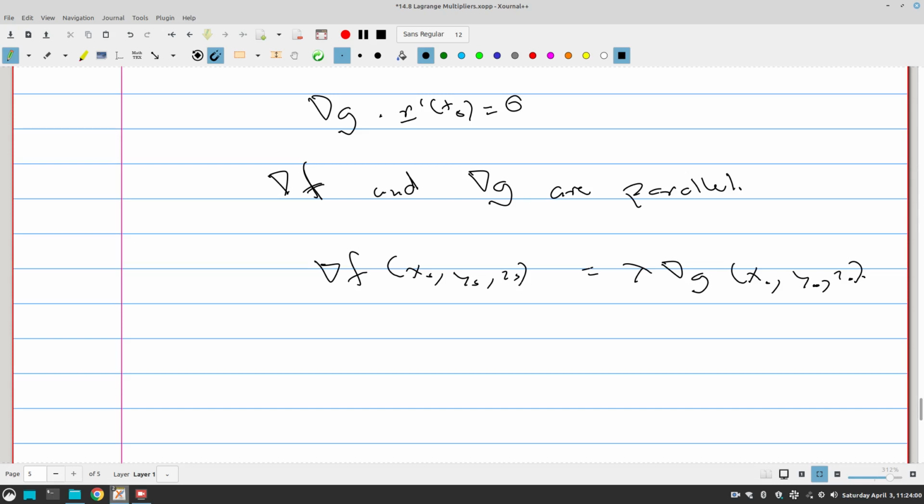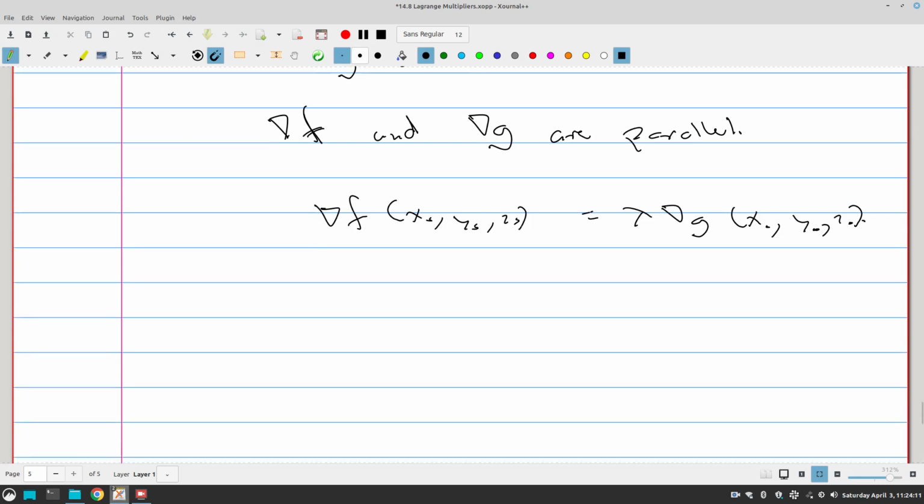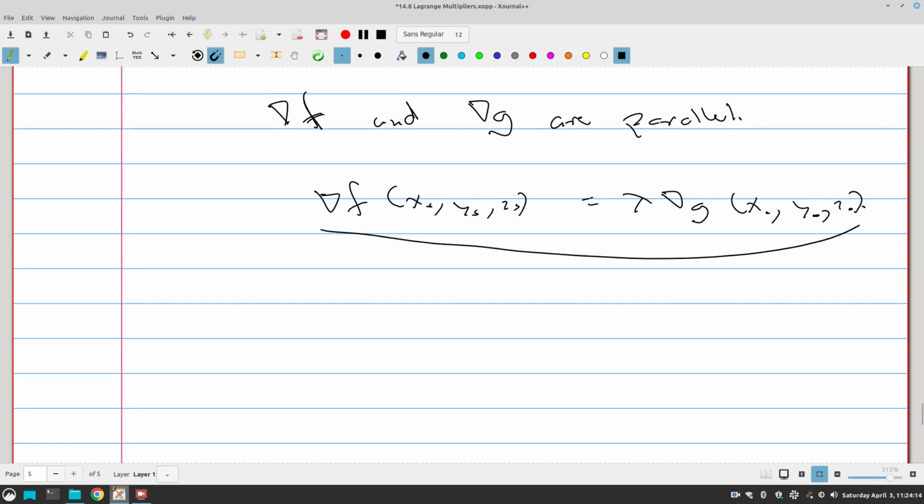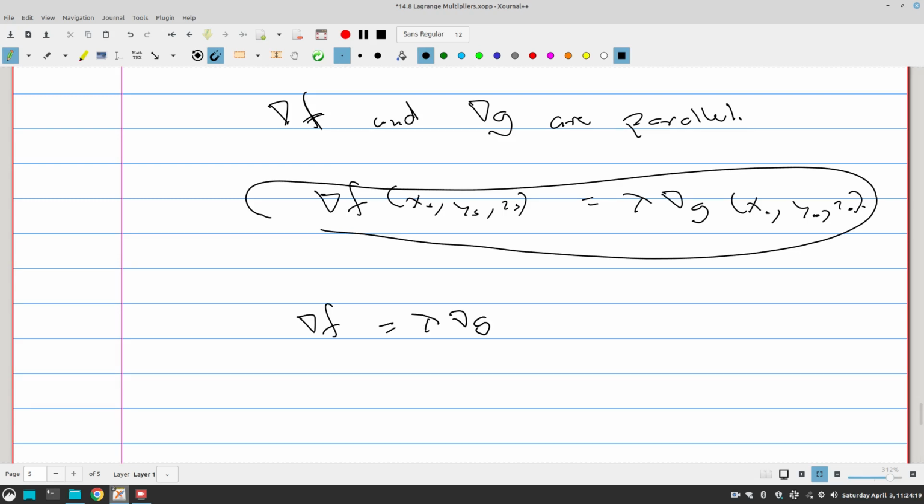You call that constraint G. Now, if the constraint is G, then this equation, del f equals lambda del G, is a vector equation that gives you 3 equations in 3 dimensions.